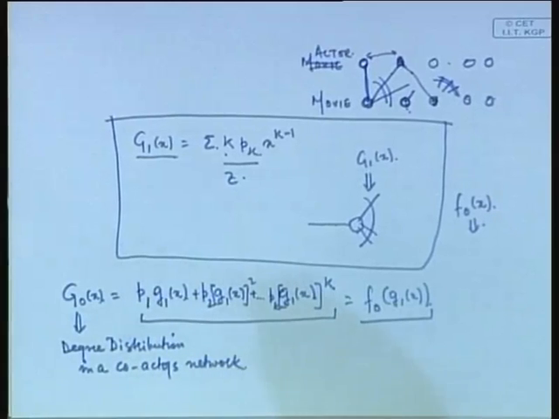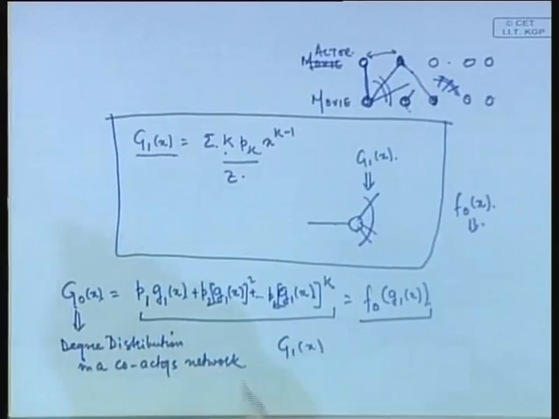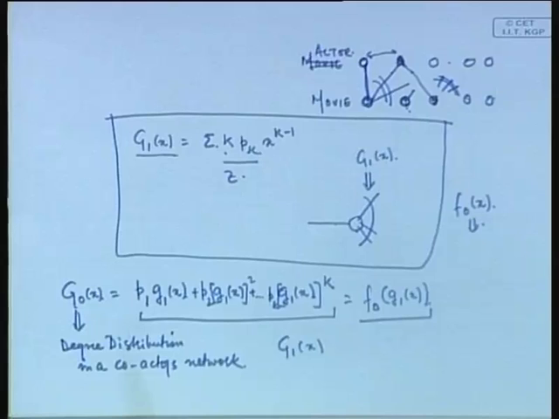Now, let me ask you one more question. I want to find G1x, that is G1 of this G0x. So, tell me physically what I have to do in this bipartite distribution to find G1x.